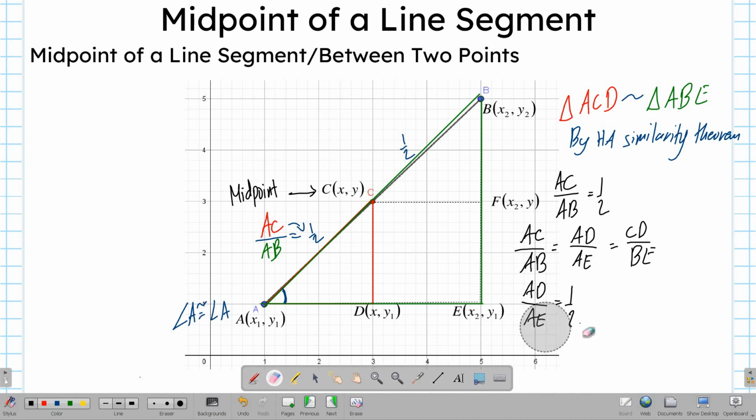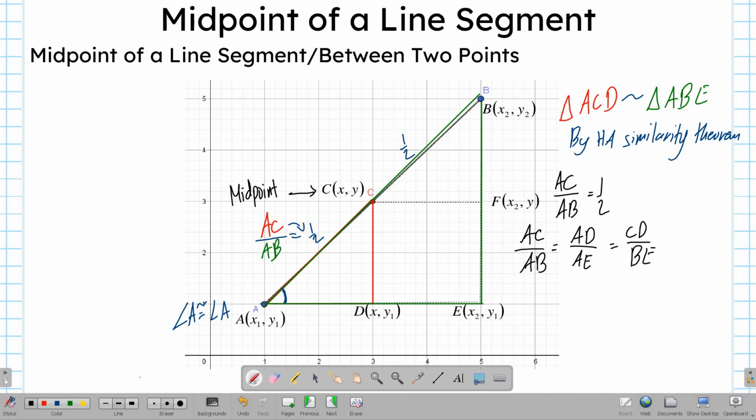Now, what happens if AD over AE is equal to 1/2? So, let's just clear the board there. We'll solve on the left side.